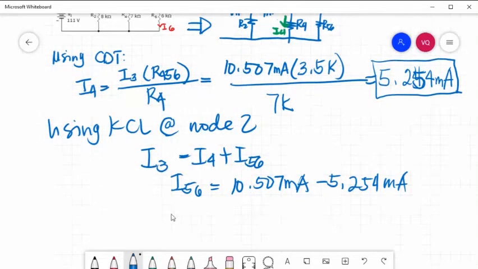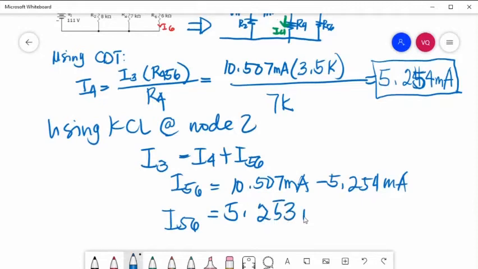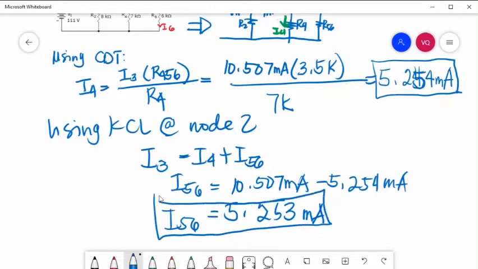So, that is equal to 5.253 milliampere. Okay.